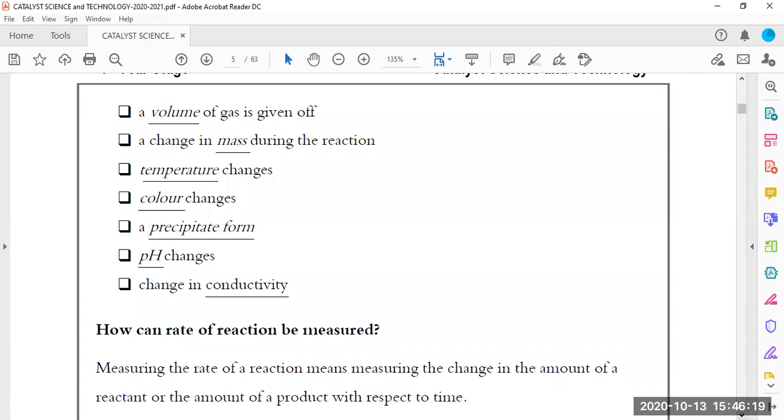Any one of these can be used for measuring the change, in other words, measuring the rates.